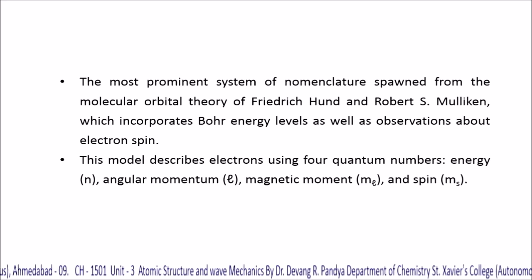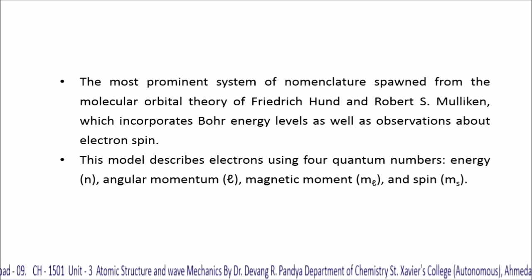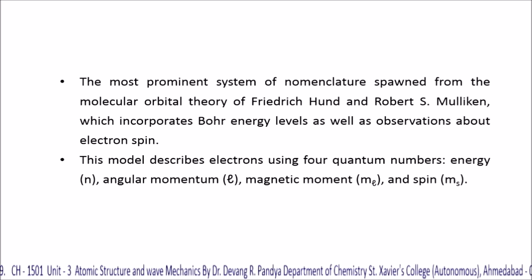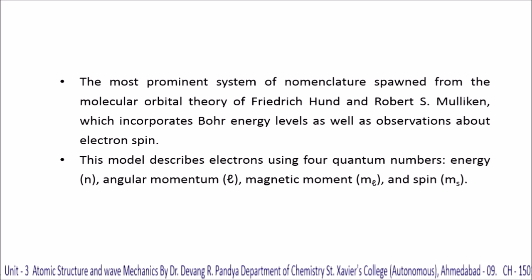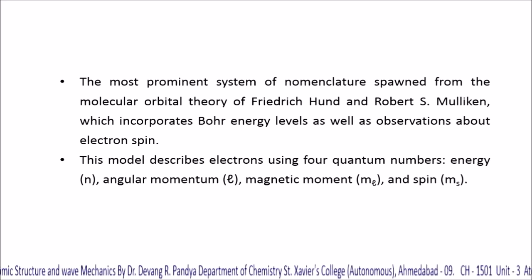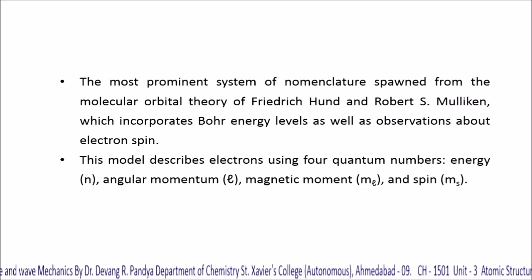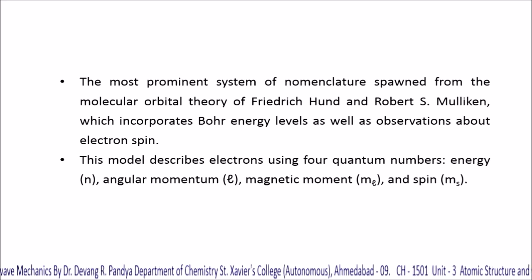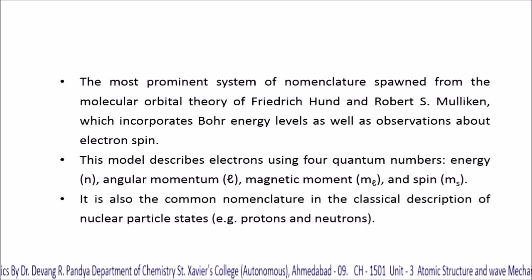The model describes electrons using four quantum numbers: the energy or principal quantum number denoted as n, the angular momentum quantum number denoted as l, the magnetic quantum number denoted as m subscript l, and the spin quantum number as m subscript s.